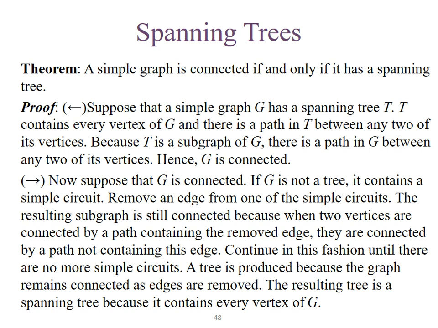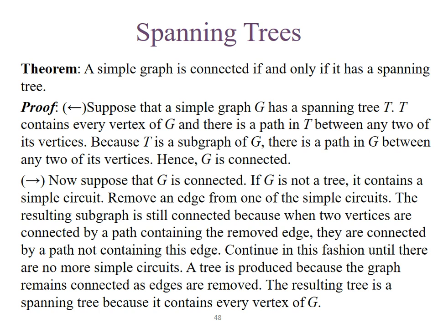A circuit means you can visit, for example, the vertex V1 to Vn by two different paths, right? So once you remove one edge to break one path, that still leaves V1 to Vn connected. Because originally there is a simple circuit here, that means V1 can visit Vn by two different paths.